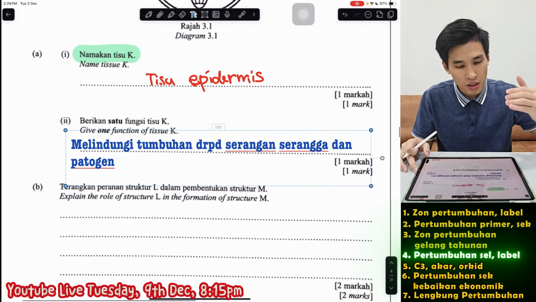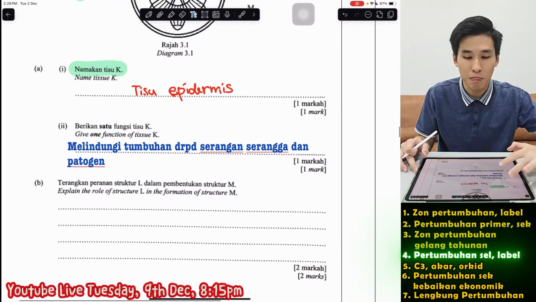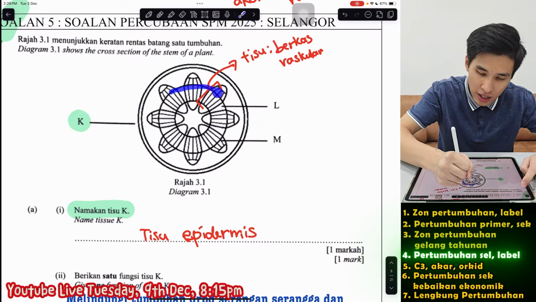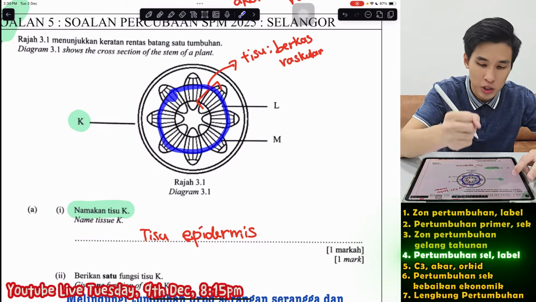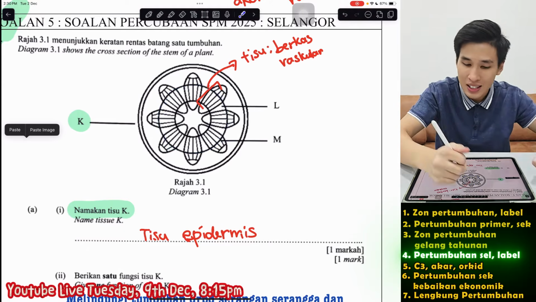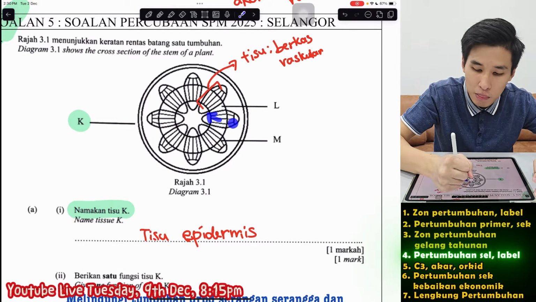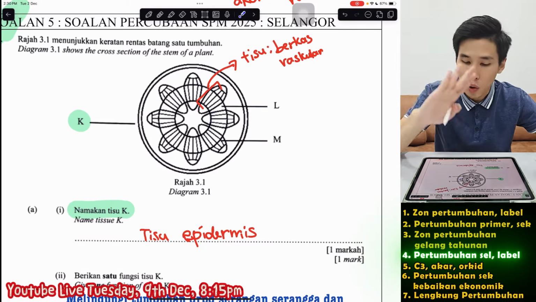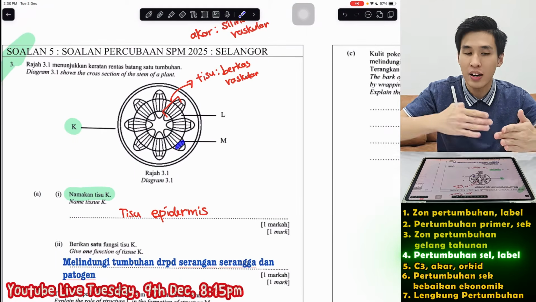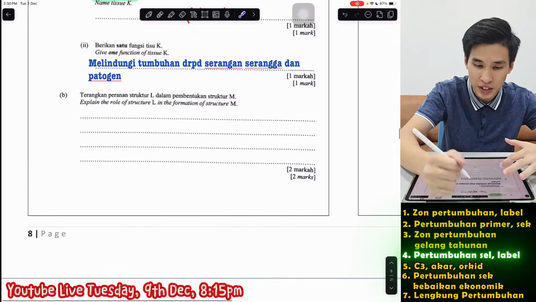Then explain peranan struktur L dalam pembentukan struktur M. So just now also got mentioned, L adalah tisu antara xylem dan phloem. This is called the kambium vascular. Dia buat apa? Dia akan mitosis ke dalam dan keluar membentuk xylem sekunder, phloem sekunder. So M is phloem sekunder specifically. So kita akan cakap membahagi keluar lah specifically.